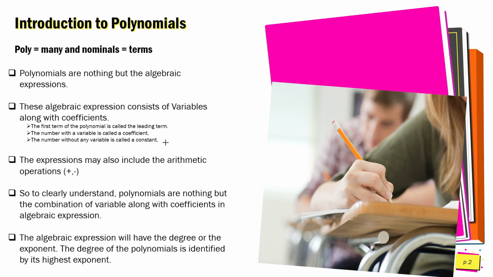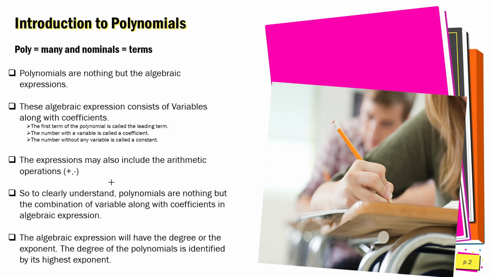So the expression will also include the arithmetic operations. Now here these are your arithmetic operations, right? Plus, plus. Now let's say if I write this as minus, then minus 6, like that. So it will consist of arithmetic operations, which mainly include plus and minus.